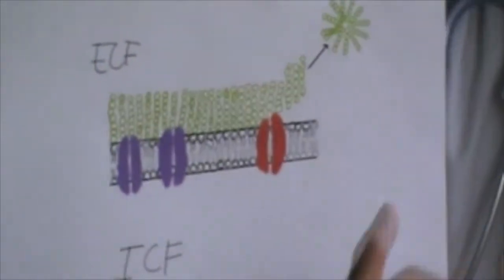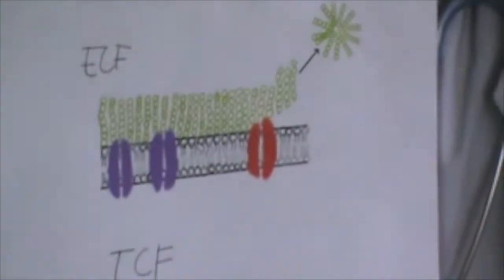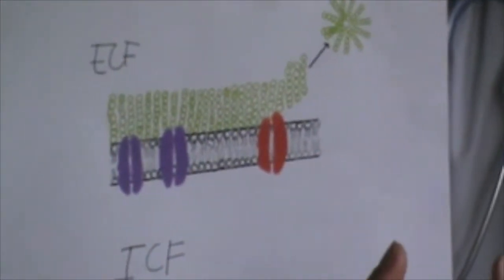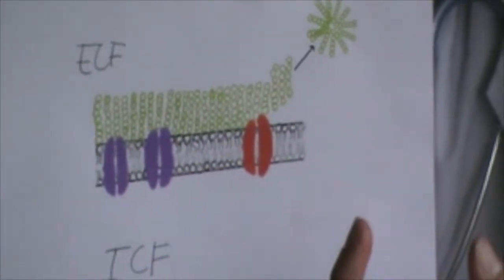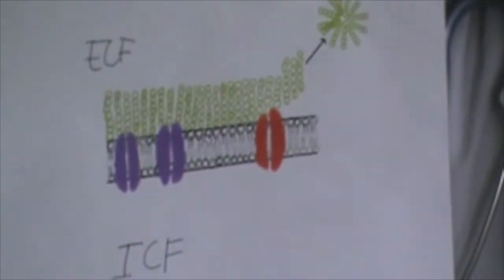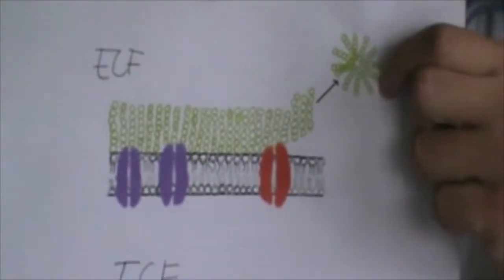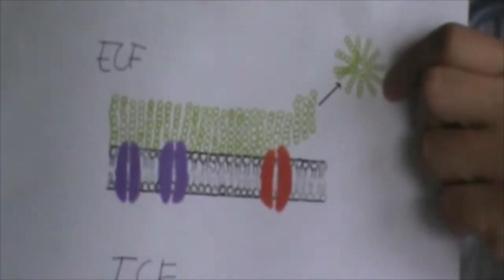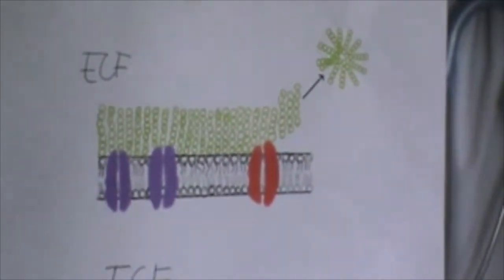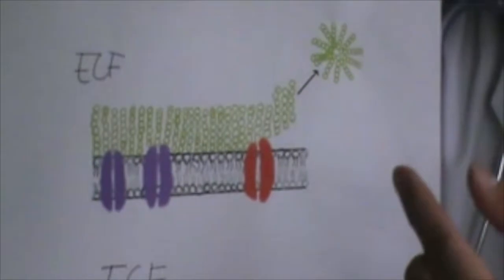The second cut is made for both the normal and the Alzheimer's patients, but for people with Alzheimer's, the second cut produces short fragments of APP, which result in this clumping called the beta amyloid. The beta amyloid proteins clump together and block the cell-to-cell communication.